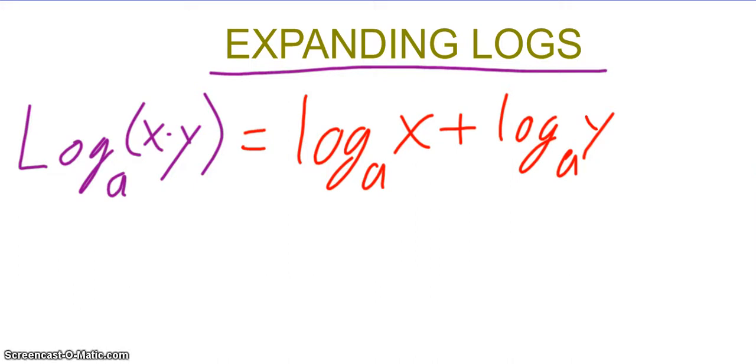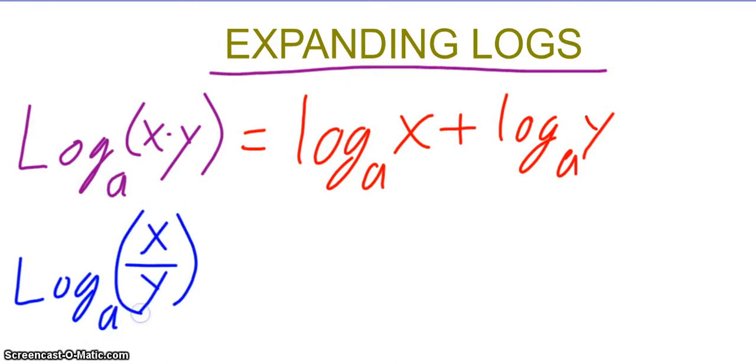The same thing is true if we have division within what we're taking the log of. So if I have log base a of x over y, notice that I'm not dividing two separate logs like in the change of base equation. This is a single log where what I'm taking the log of is a ratio or division.